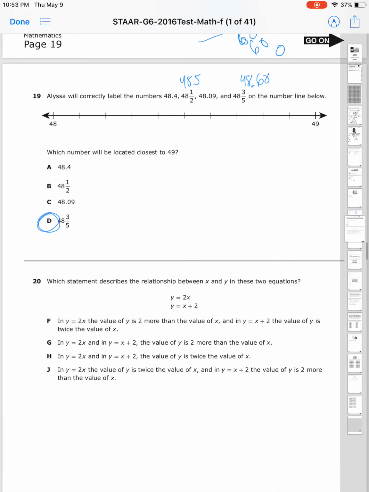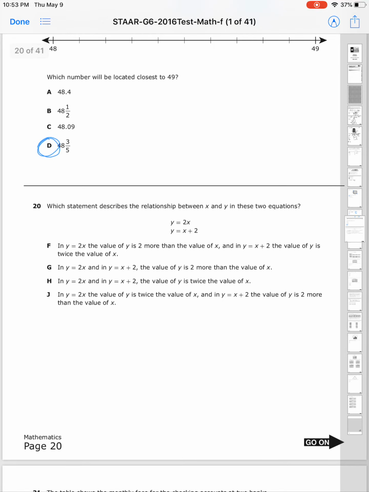Okay, number 20. Which statement describes the relationship between x and y in these two equations? So we have y is equal to 2x and y is equal to x plus 2. Let's first start with F, right?